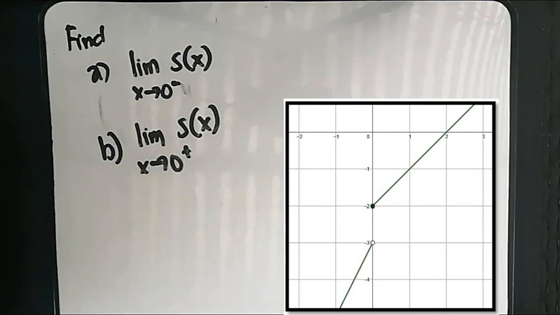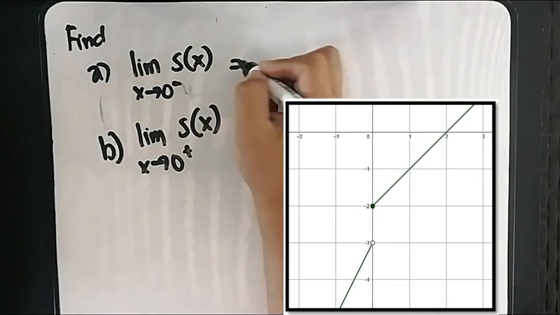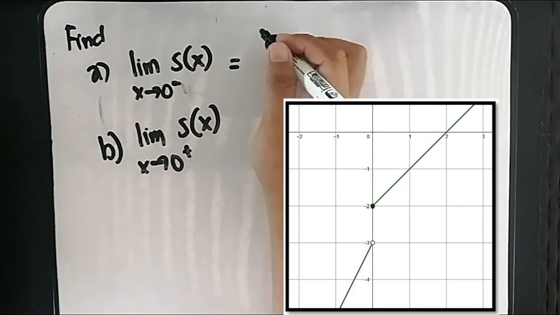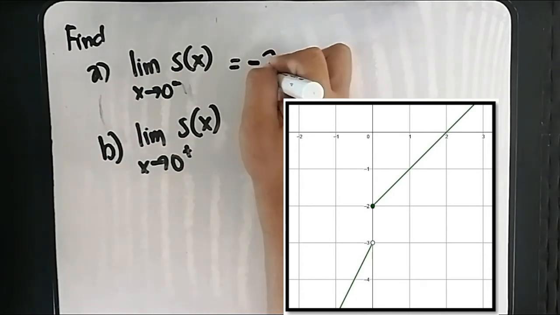If we take the values of 0 from the left, makikita natin na habang papalapit sila kay 0, yung s of x natin is papalapit kay negative 3. So the limit of s of x as x approaches 0 from the left is negative 3.